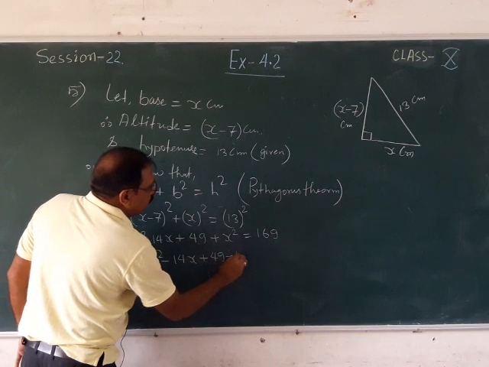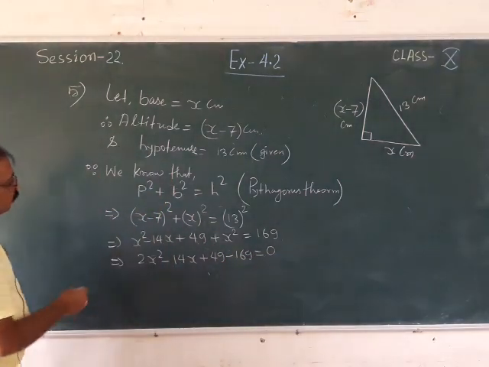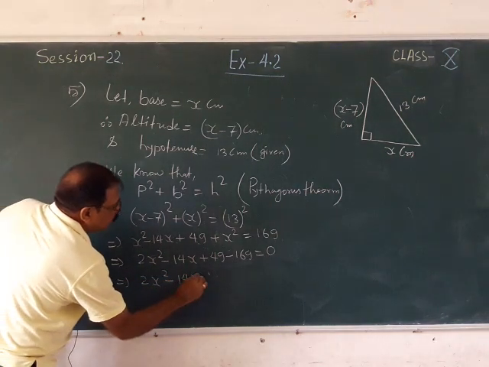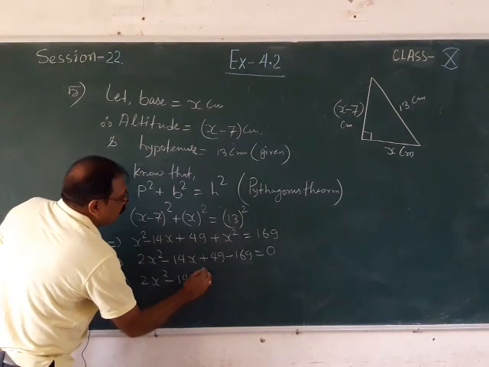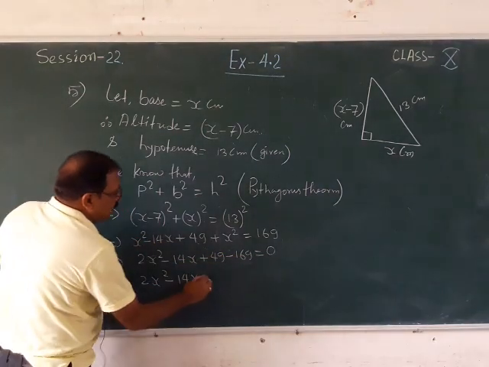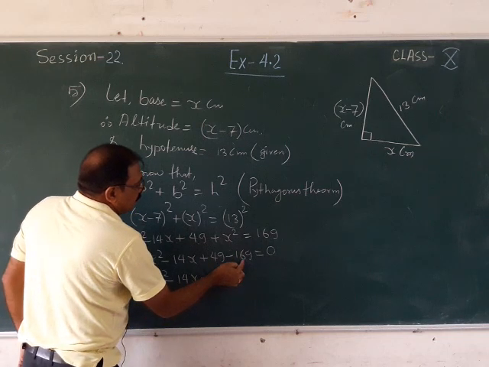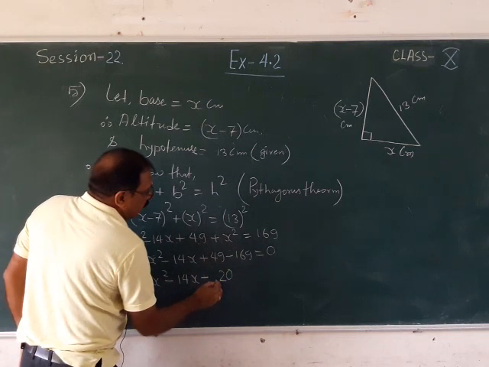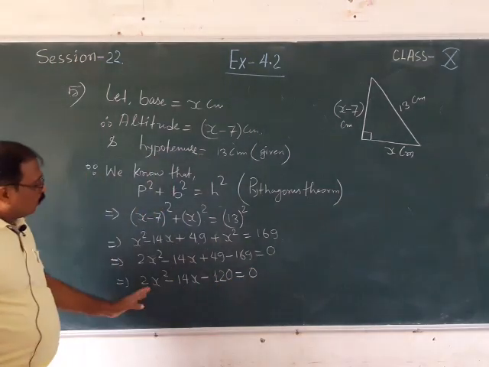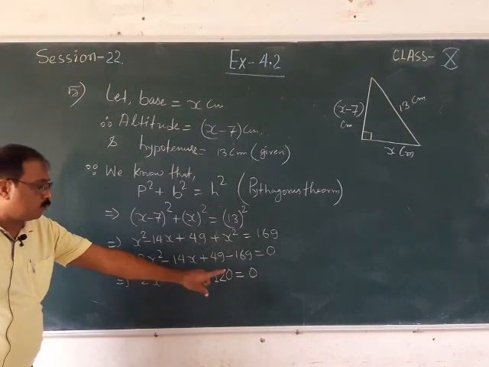Then 169 will come from right to left side, and the right side we are having 0. Then it is 2x square minus 14x plus 49 minus 169, which gives minus 120, equal to 0. So your equation is 2x square minus 14x minus 120 equal to 0.